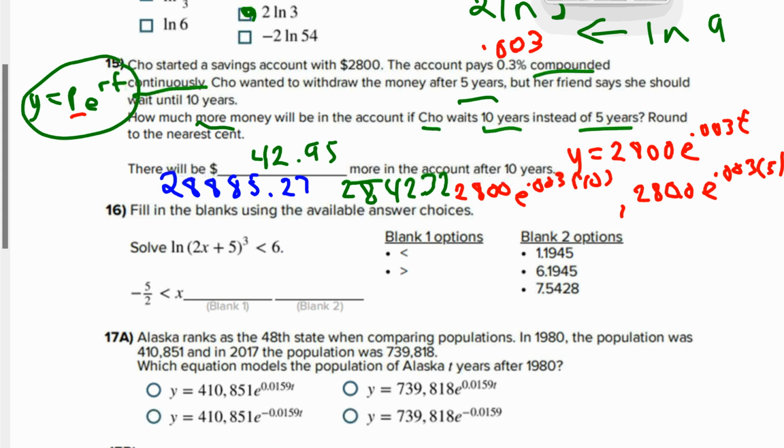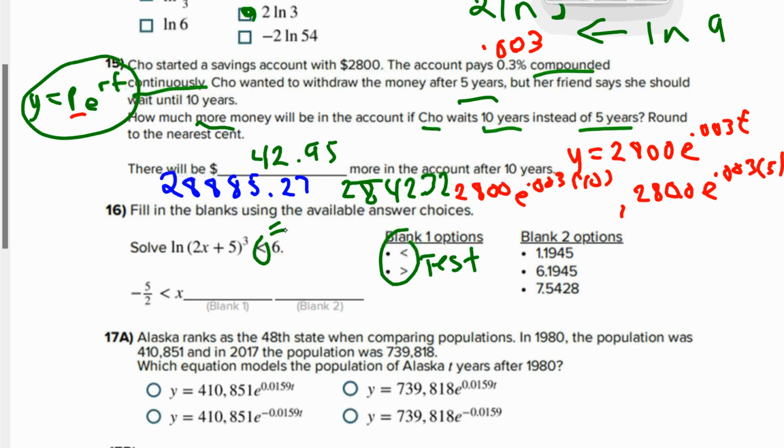Okay, here on number 16, again, we want to be careful with this inequality, so we need to make sure we test this to make sure it's true, because sometimes when we solve this, it's hard to determine when we treat this or flip that. Okay, so let's just treat it as an equal sign for now.